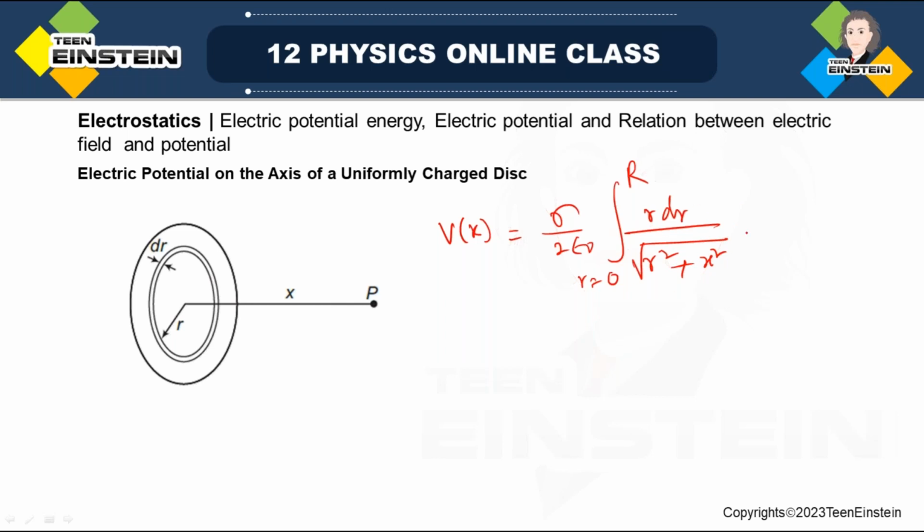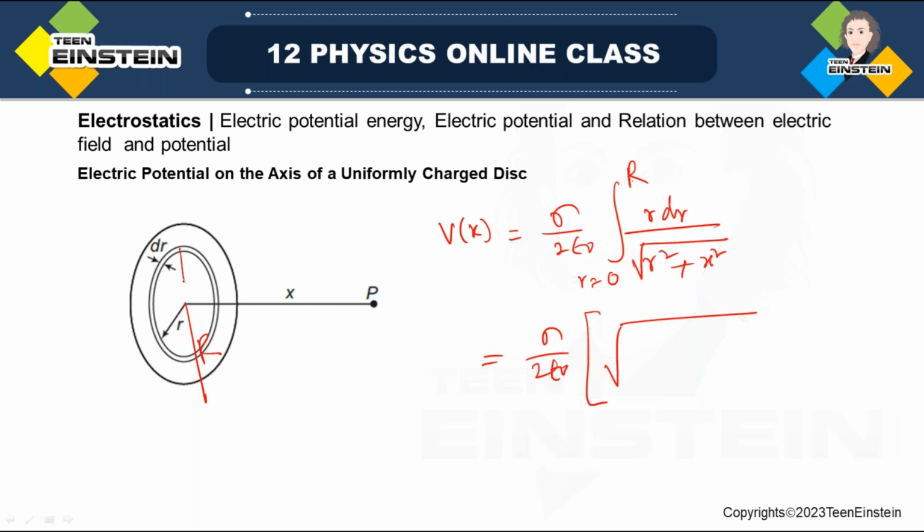If we do this integration, what do we get? Sigma by 2 epsilon naught whole into... by the way, this capital R is the radius of the disk.